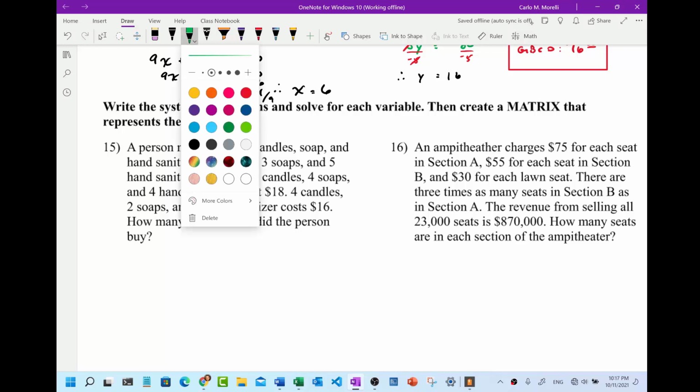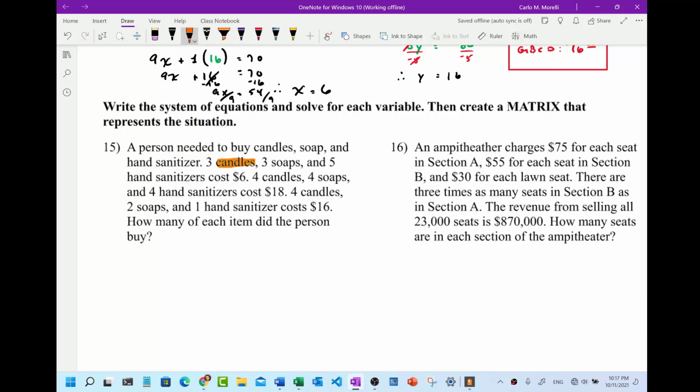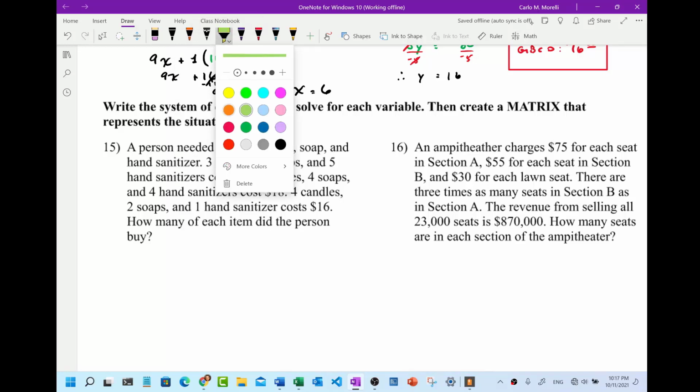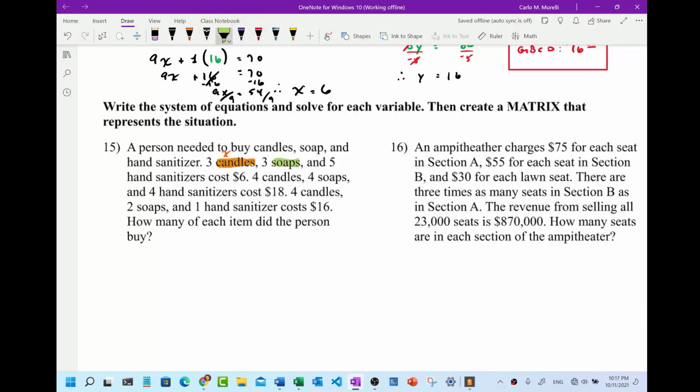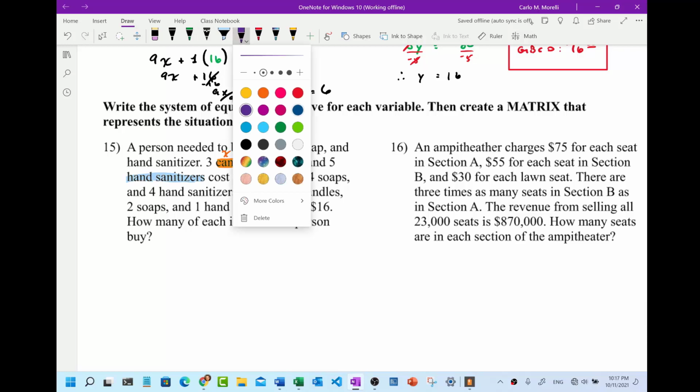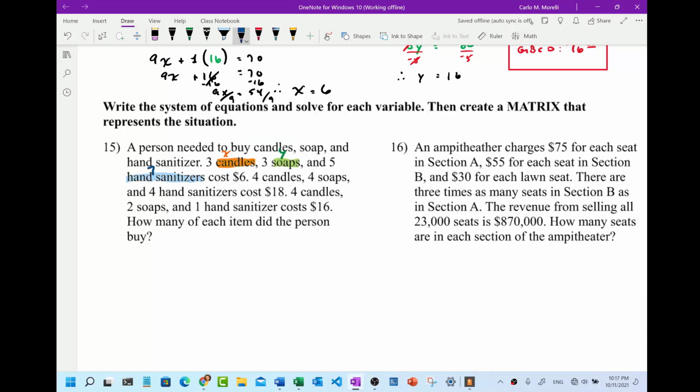All right, let's match the colors with this highlighter. So that's the x, and then your soaps are the y. We'll make that green. And then your hand sanitizers are going to be the blue. So we'll make that blue, and that's going to be z.